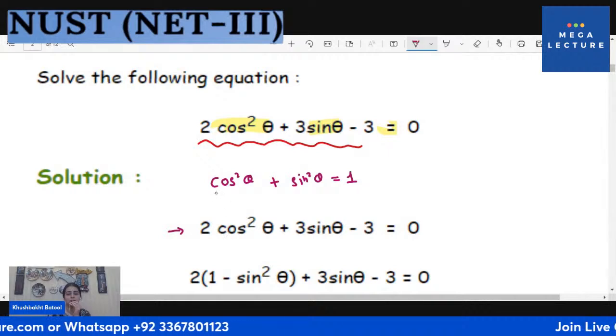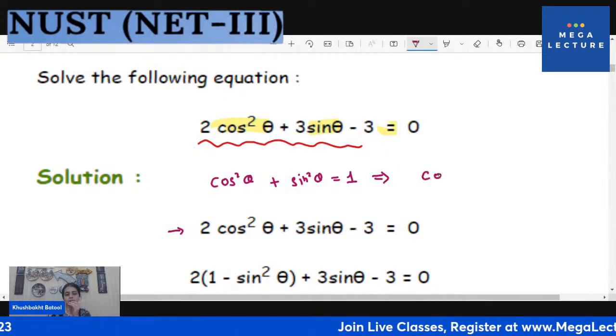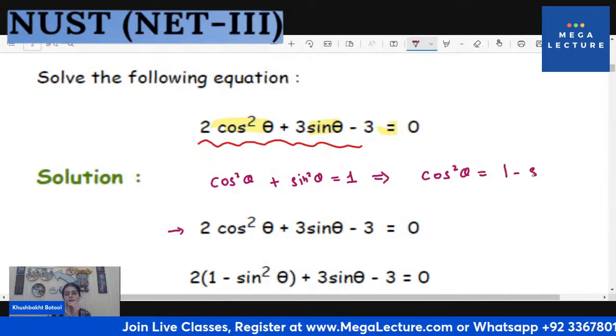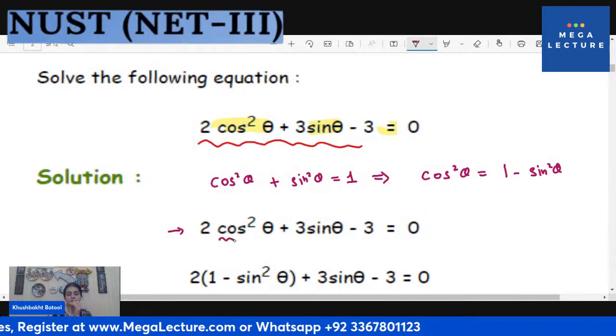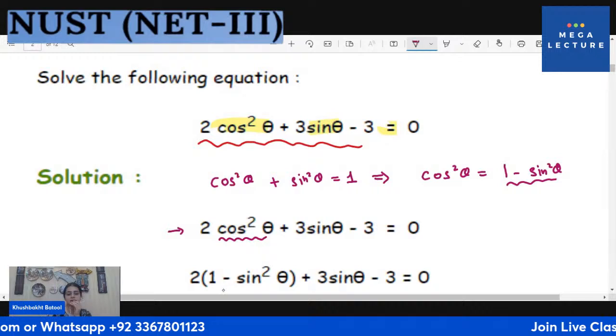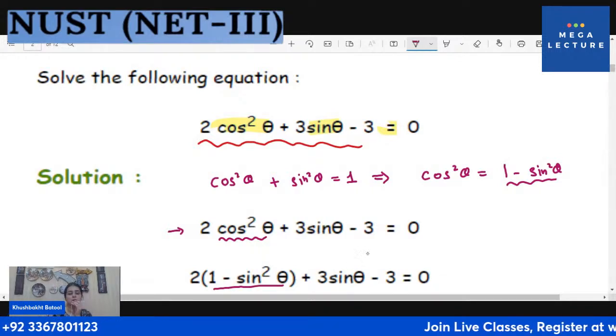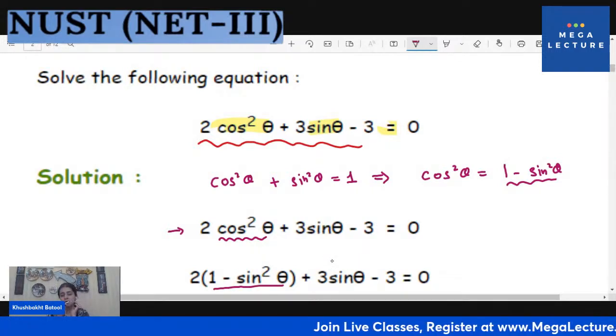Now if I make cos square theta the subject of the equation, I can write it as 1 minus sine square theta. Now instead of this cos square theta, I can write down 1 minus sine square theta like this. And what would be the advantage? The advantage would be something which I've told you earlier as well.